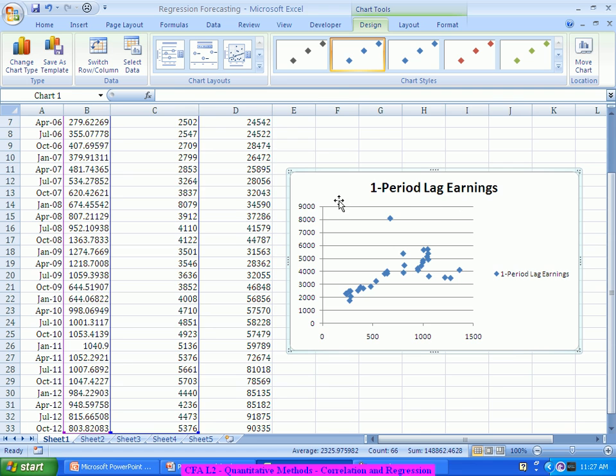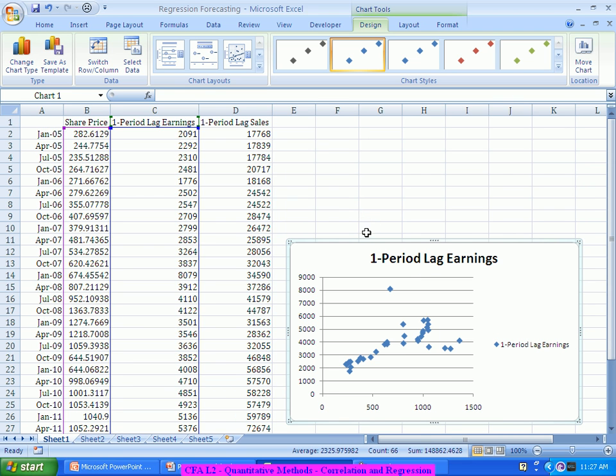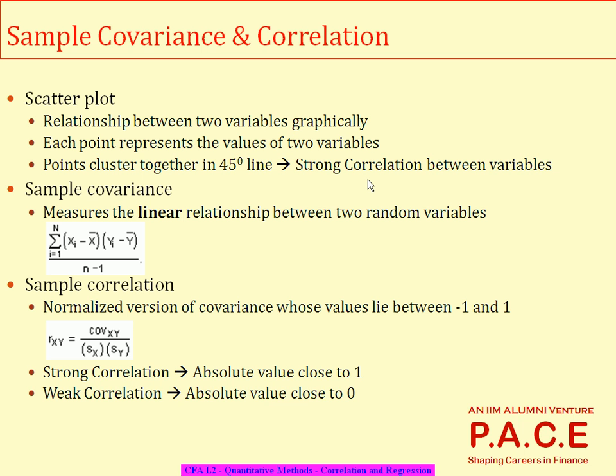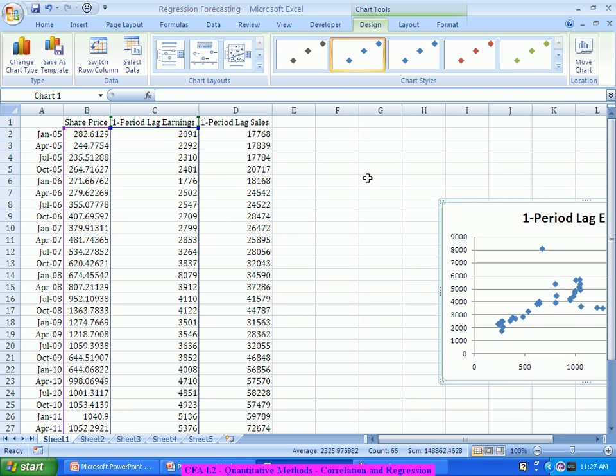So here also on this data, n minus 1 is for a sample, and in most of the cases in the real world we work only on samples. So that's where we'll have n minus 1 only for finding out the correlation or covariance, right?